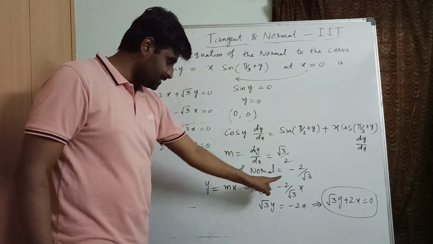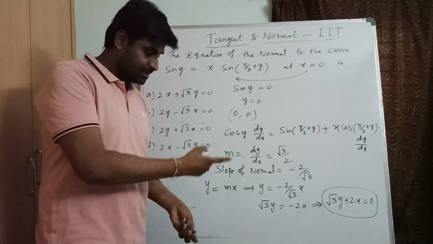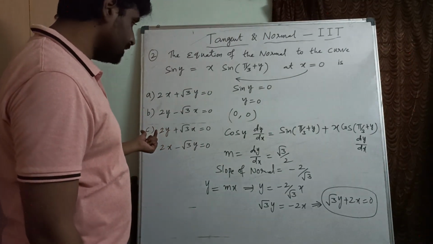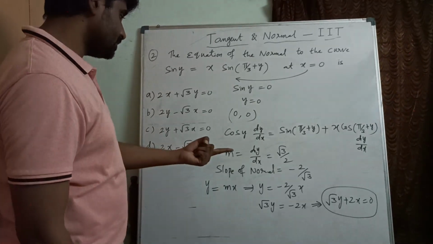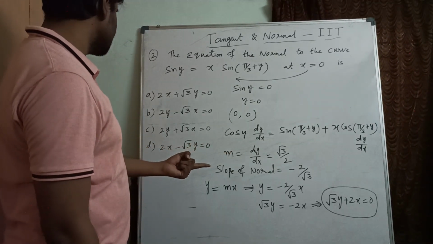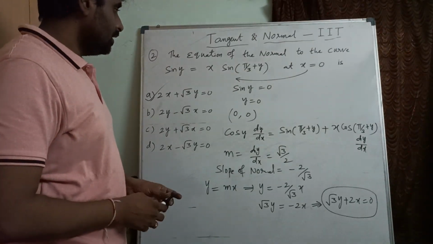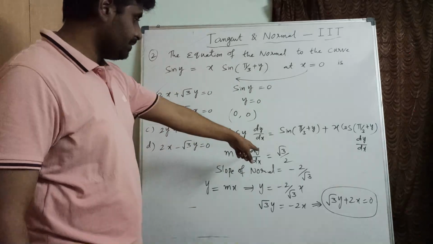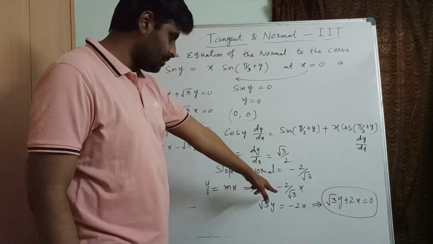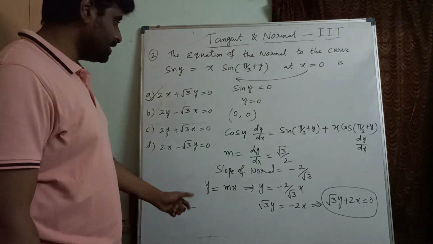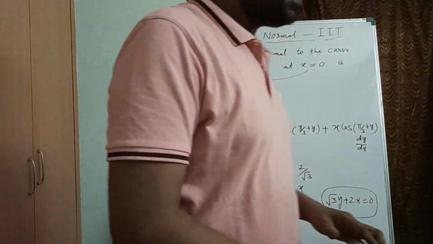Substitute the slope there, just y equal to minus 2 by root 3 x. We can simplify. So which of the following options is correct here? 2x plus root 3y equal to 0. Option A. Clear? Hope you have understood. Right, here minus 2 by root 3 will be the slope of the normal. Then if we simplify we will get the equation of the normal. Hope you have understood. Make a note of it.